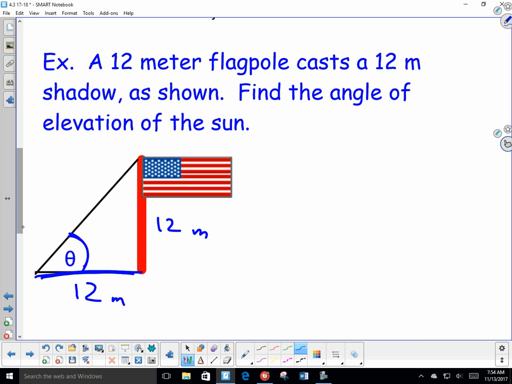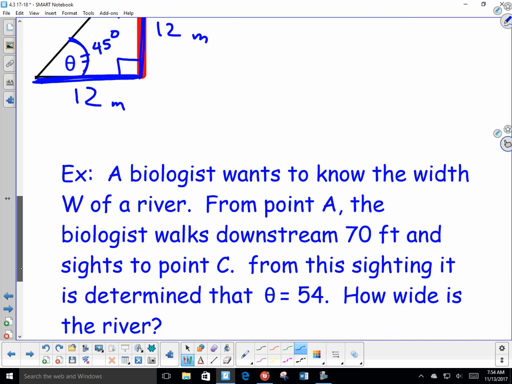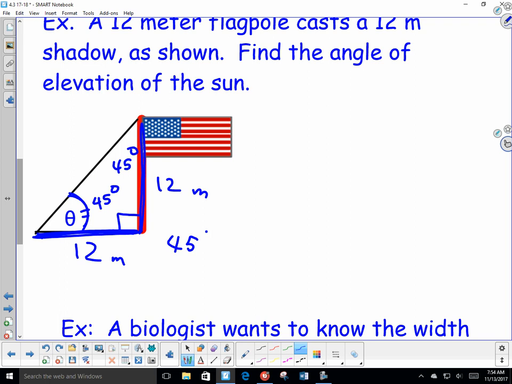I don't think this one really involves trig, but if the two legs are equal in a right triangle, then this angle has to be 45 degrees, and this angle is going to have to be 45 degrees also. So that would be our answer, 45 degrees.